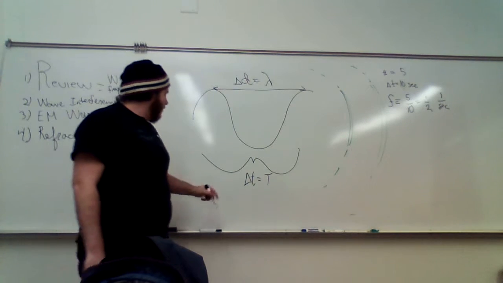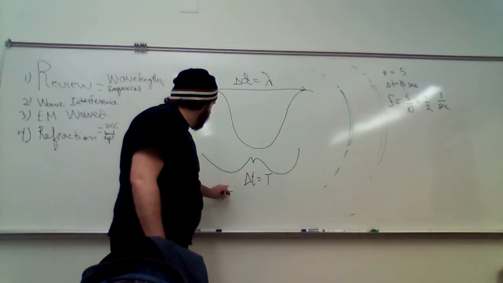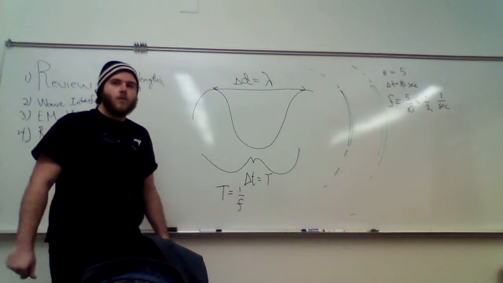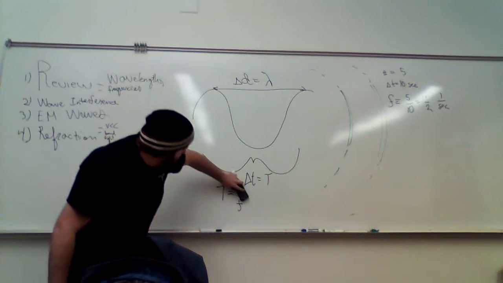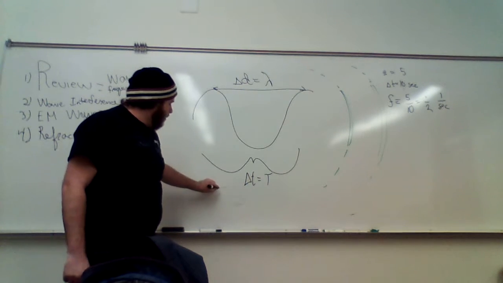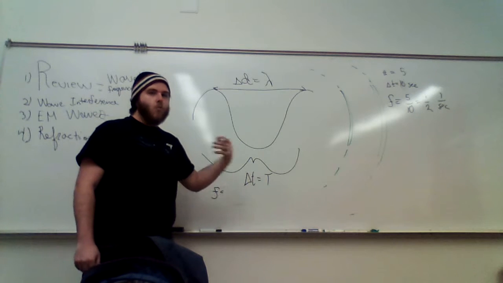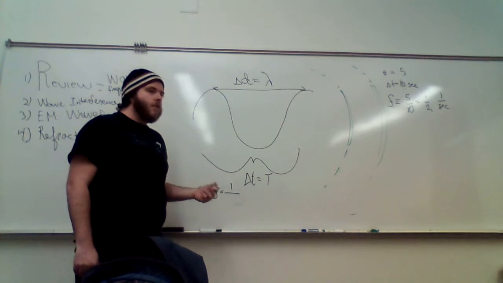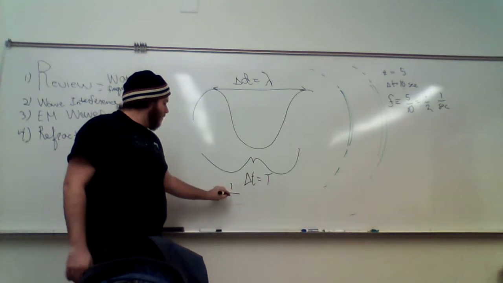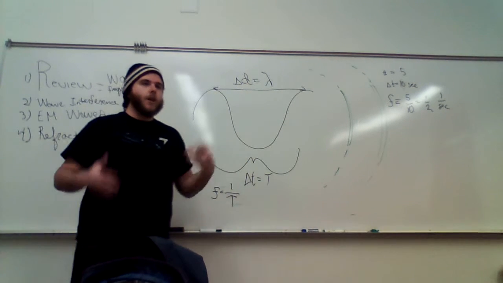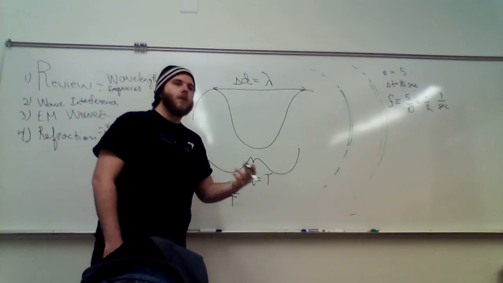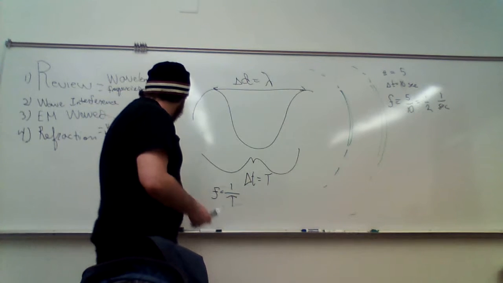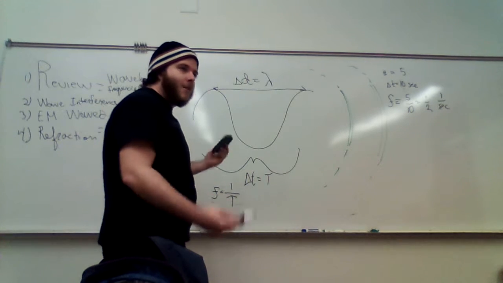So more intuitively, the number is 1, the number of waves, and the time is big T, the period. So we get that the frequency is just 1 over the period. Okay? I'm just going to erase, if anybody's taking notes.